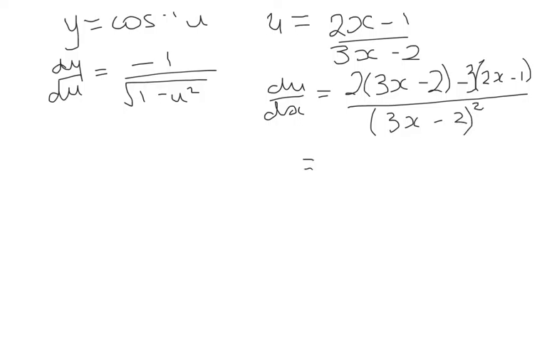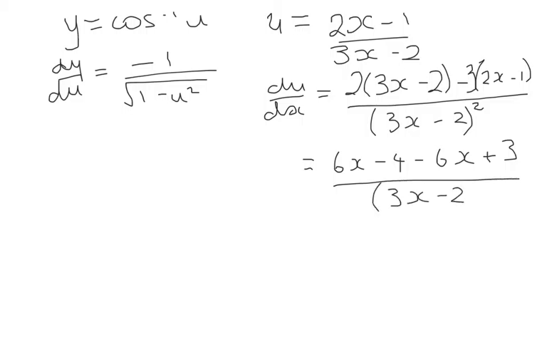Tidying up the numerator, 6x subtract 4, subtract 6x, add 3, all upon 3x subtract 2 all squared. 6x and 6x cancel, and we're left with negative 4 plus 3 on the numerator, negative 1 over 3x subtract 2 all squared.